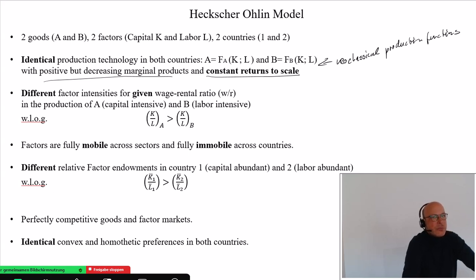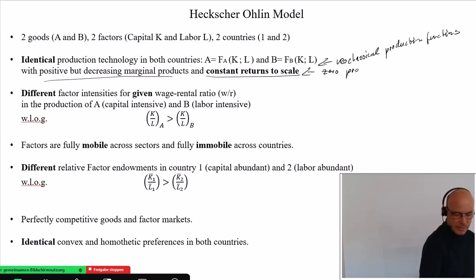Remember, in the other two models, we also assumed these constant returns to scale, but especially in the specific factor models, we didn't use the constant returns to scale production functions for the argumentation, but in the background, these constant returns to scale still mean zero profits in optimum.